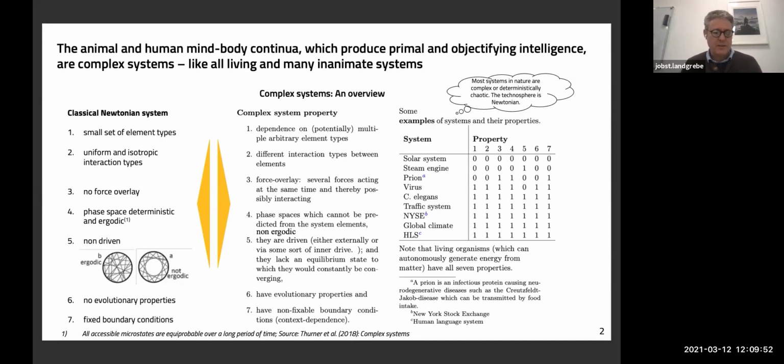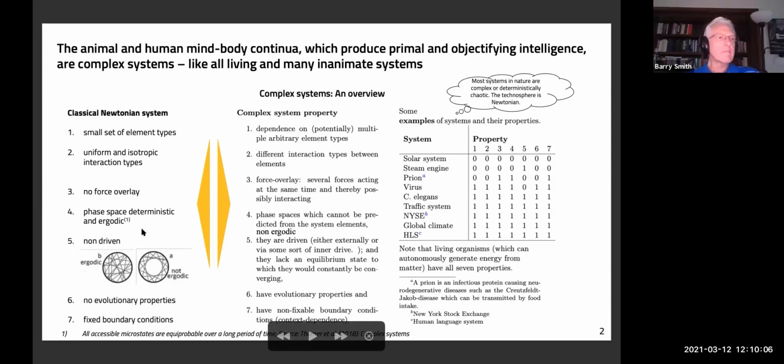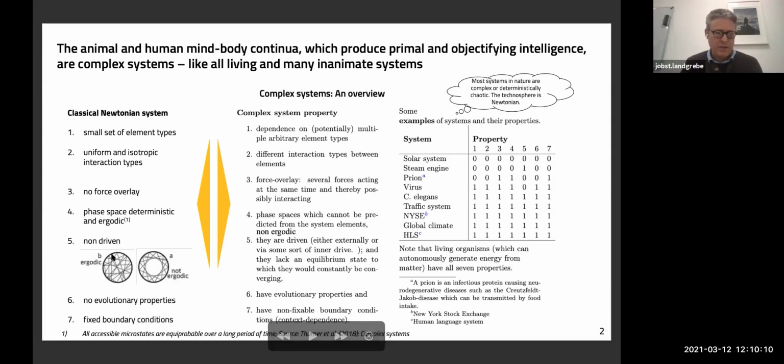The phase space is deterministic and ergodic. Can you see the small inset here that shows ergodicity? Is this visible, this small picture? Good. So you can see that in an ergodic system, the elements of the system will over time distribute themselves with equal probability within the available space.